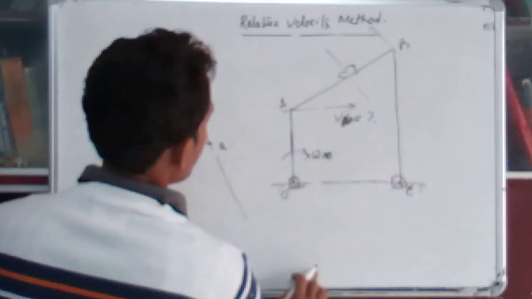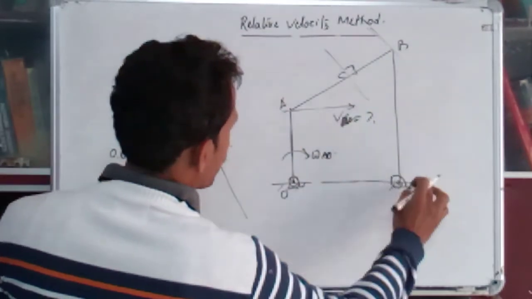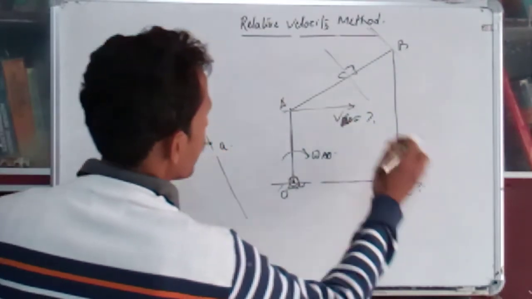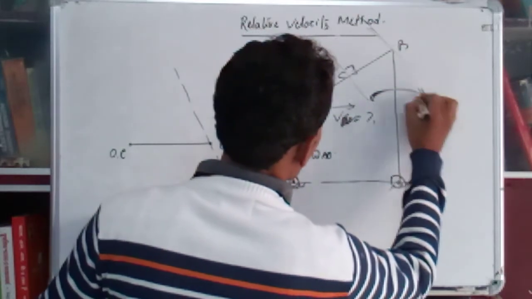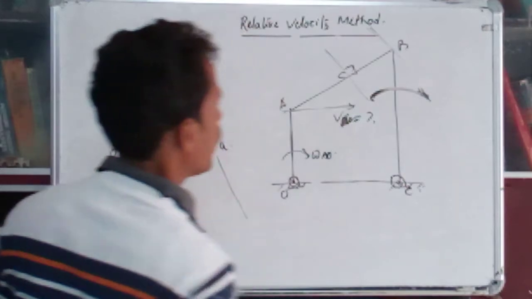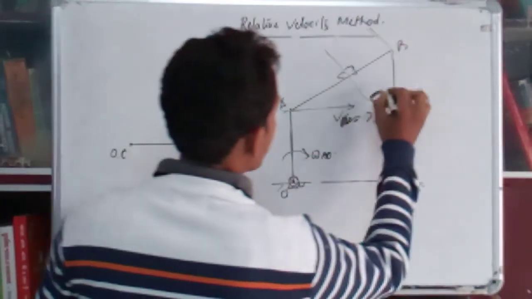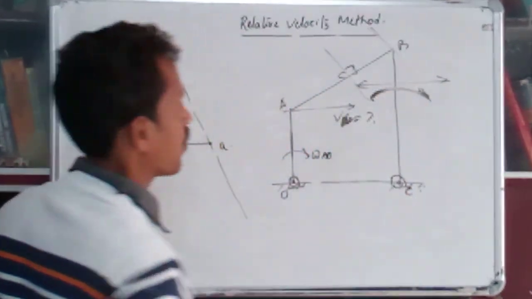Now the velocity of B with respect to C. It will also rotate. So what is the direction? The direction is perpendicular to this line.